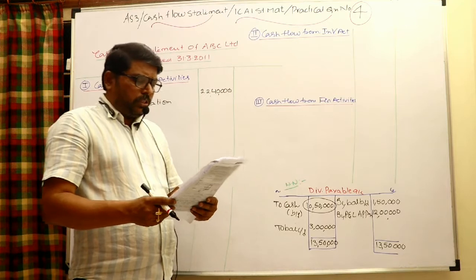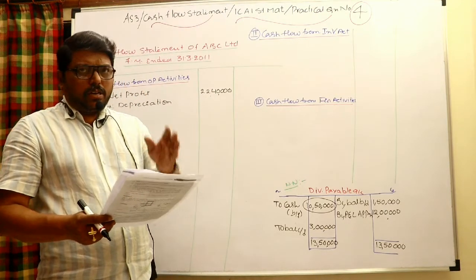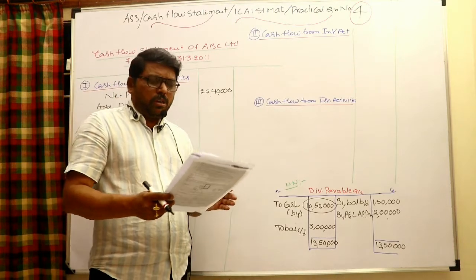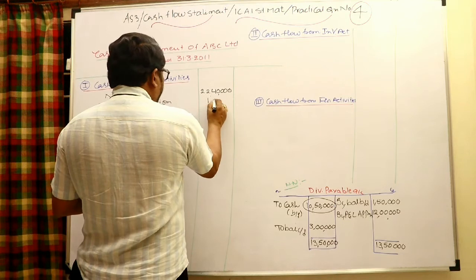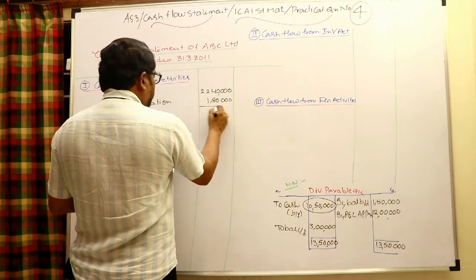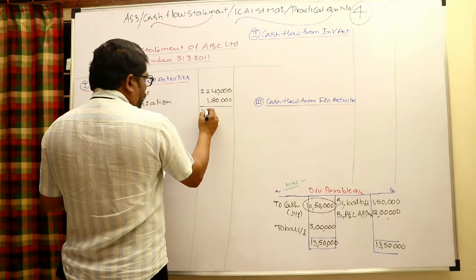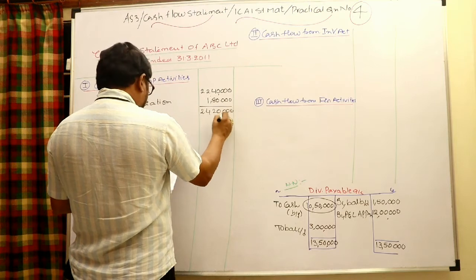It is very clear that depreciation on assets, we checked it already. The difference between the last year and current year provision for depreciation is 1,80,000. That is the current year depreciation. Add back that. Depreciation should be added back. You can say this is 24 lakhs 20,000.